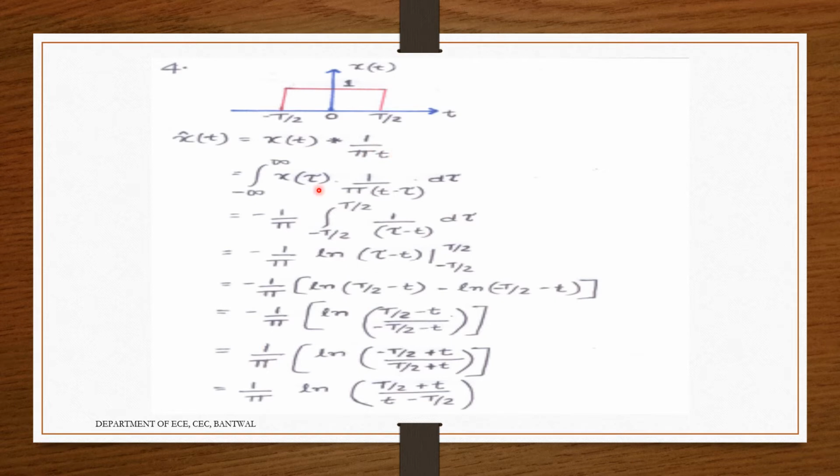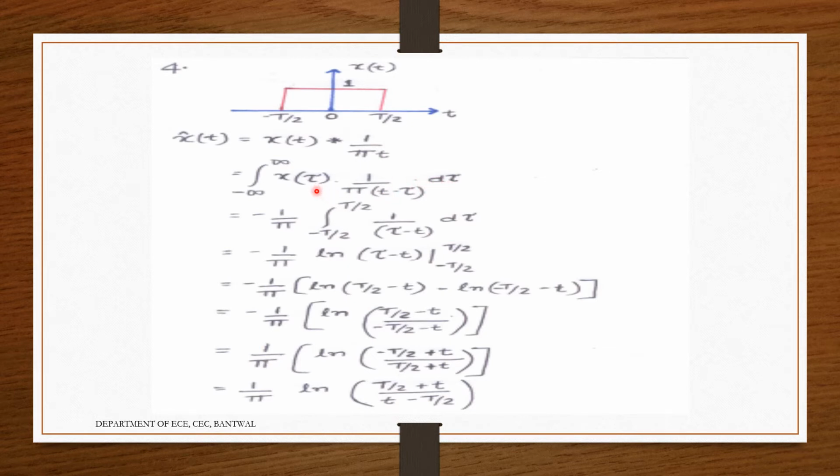The same function I am going to use here, integrated from minus infinity to plus infinity, x of tau into 1 by pi (t minus tau) d tau. So this is nothing but the convolution integral. I am going to implement it here. Now I am going to take minus 1 by pi outside, because I have changed the sign here: instead of t minus tau, I have taken tau minus t.